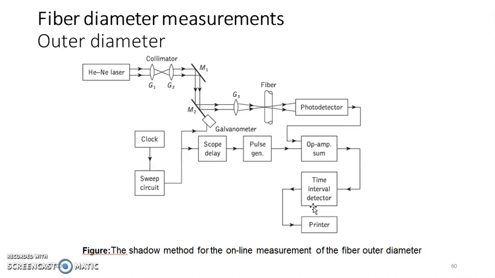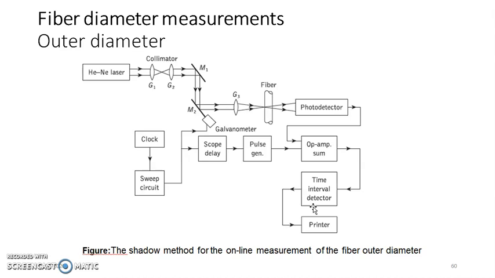Then this light is reflected off the two mirrors M1 and M2, and the M2 mirror is driven by a galvanometer which makes it rotate through a small angle at a constant angular velocity. That is the starting position.